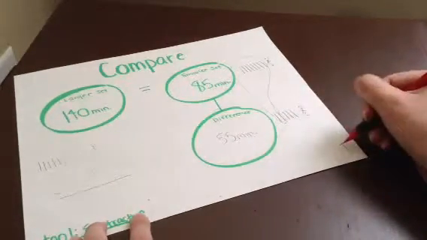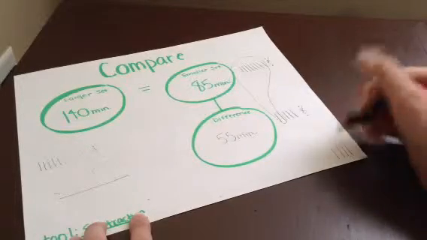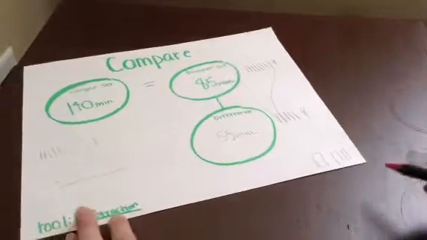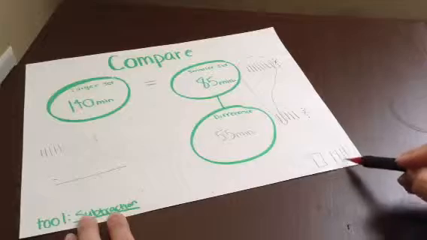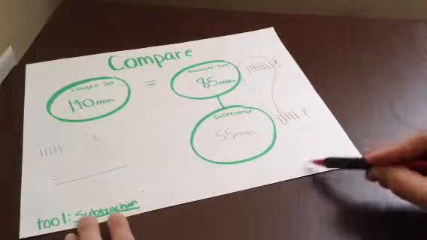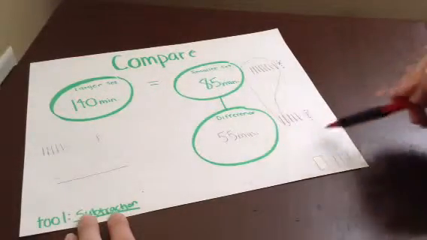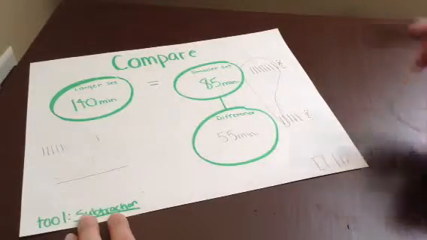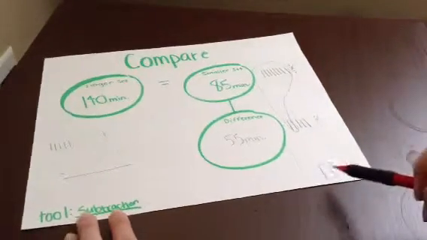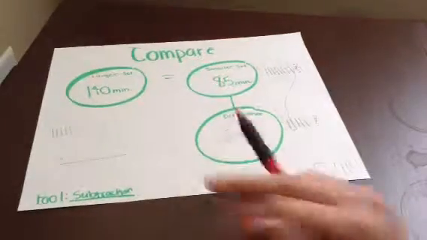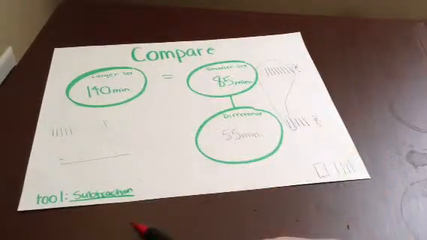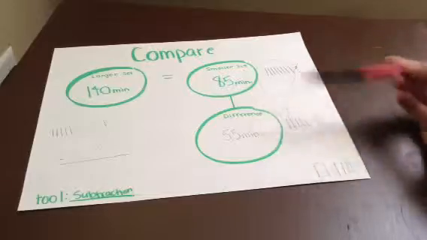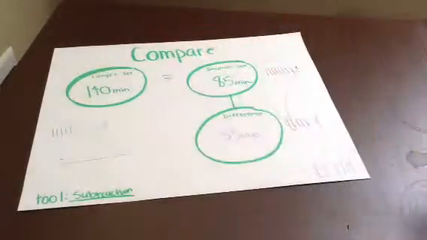It's 1, 2, 3, 1, 2, 3, and there's my hundreds. So I have 100, 10, 20, 30, 40, 140. So I added these together, regrouped, got my hundreds, had my 30, added it, got 140. So I am correct. The difference is 55 because these two numbers together are 140, and that equals our larger set.